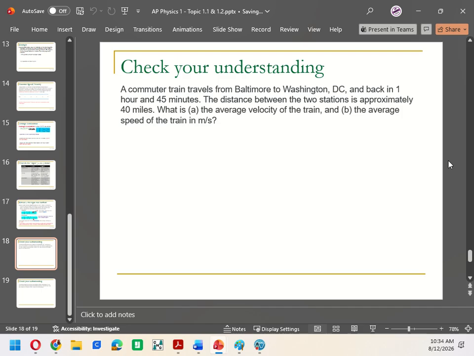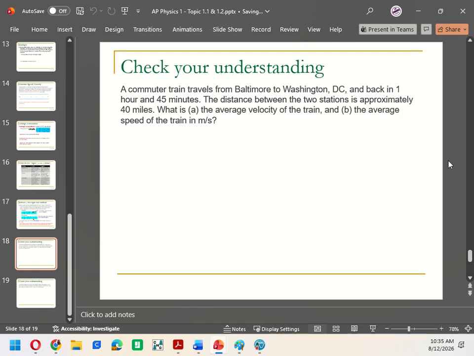What else do we know? Okay. I hear two things. You said 40 miles from where to where? So in between the two stations, right? Okay, that's good. And what did you have? In an hour and 45 minutes. So that represents my what? Very good. I'm going to label that T. So my total time, I'm going to put a little T next to it also.